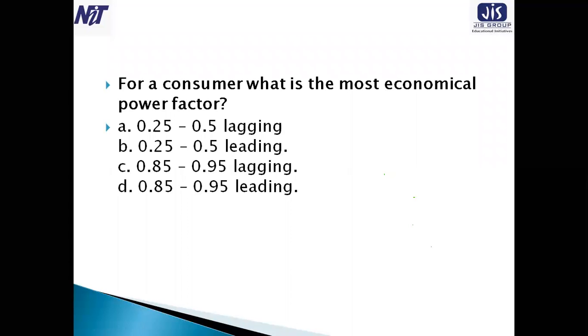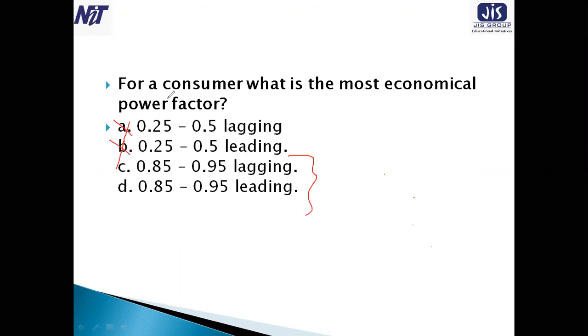Next one, for a consumer, what is the most economical power factor? I think you all know that the maximum value of power factor cos phi is 1. So we can cut these two, 0.25 lagging. So the answer will be within these two, either lagging or leading.